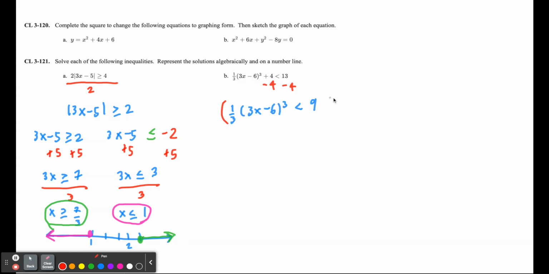And then you want to multiply by 3 to get rid of the 1/3. So then that's 3x minus 6 cubed is less than 27.